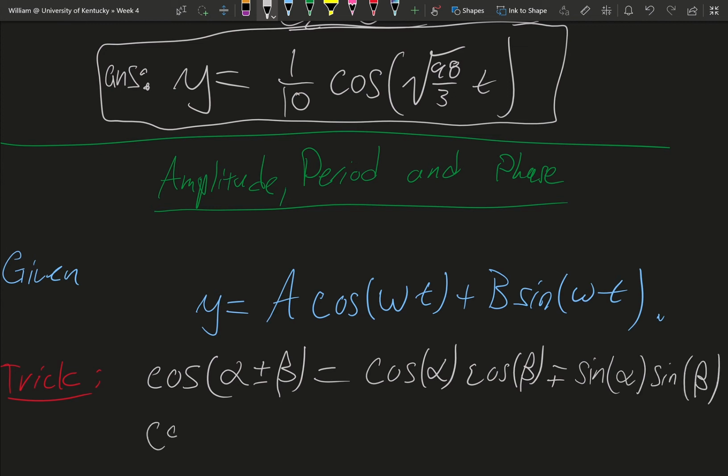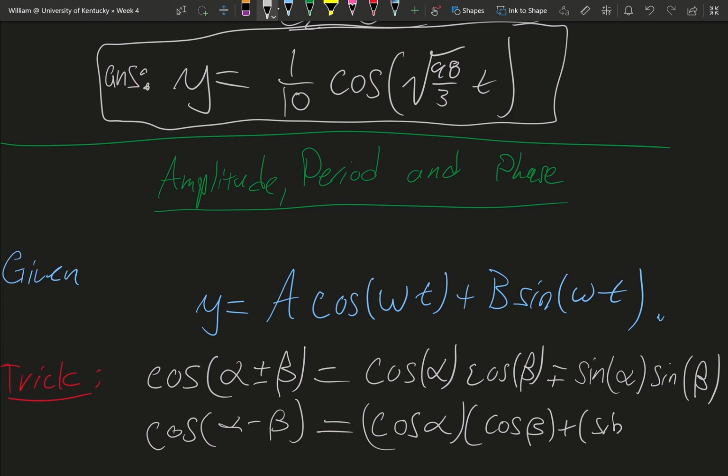In particular, plus or minus becomes minus plus, so if I have a plus here, I get a minus. So if I do alpha minus beta, I get cosine of alpha times cosine of beta plus sine of alpha times sine of beta.